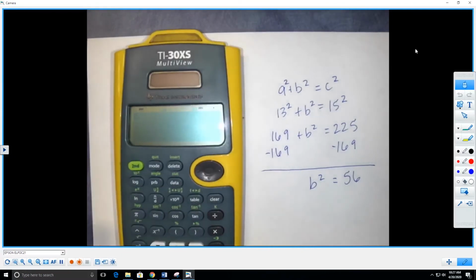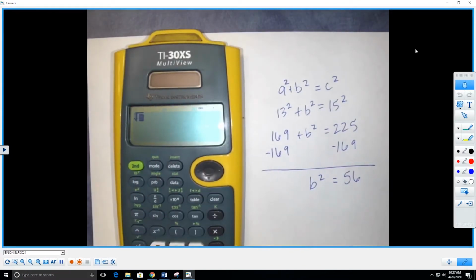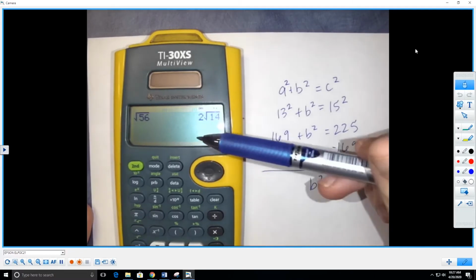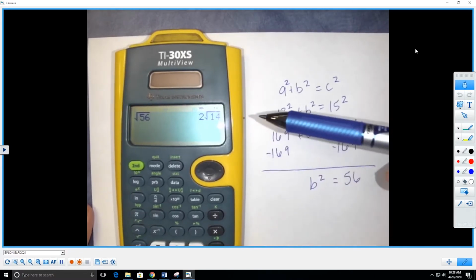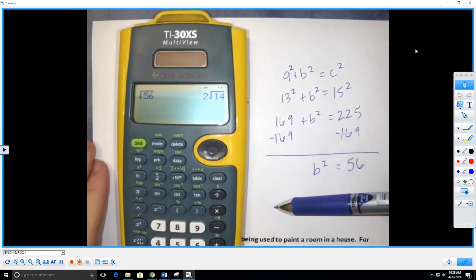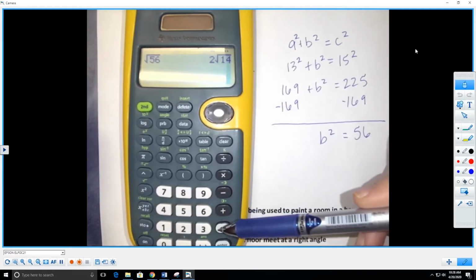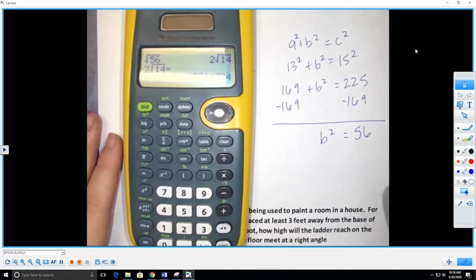Let me zoom this up. I'm going to put in my calculator the square root of 56. And I get this number here. So we want to get a decimal expansion, and we're going to round that to the nearest tenth. If you're, for some reason, working with a calculator like this, you're just going to push this button here to get the decimal expansion.